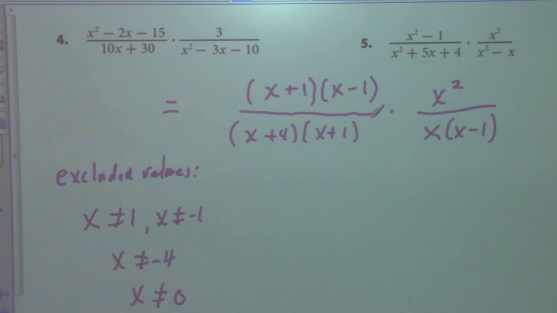Okay, so what do we do next? Cancel out that x plus 1 and the x minus 1. And then you have x squared on top.